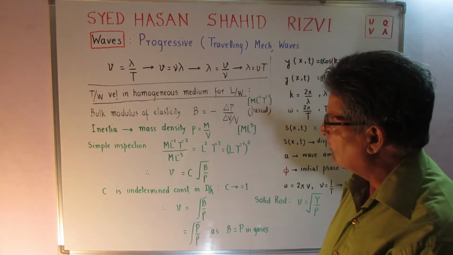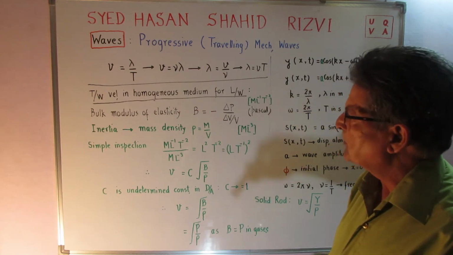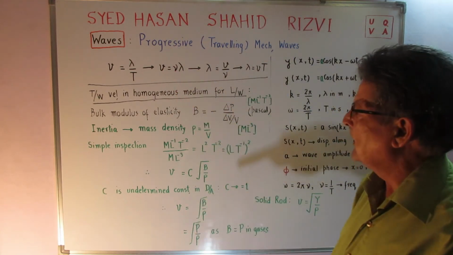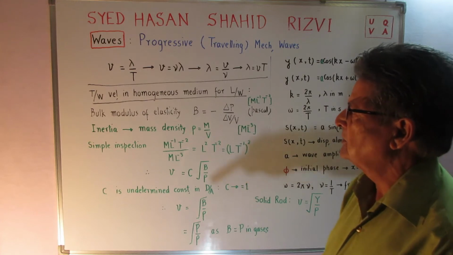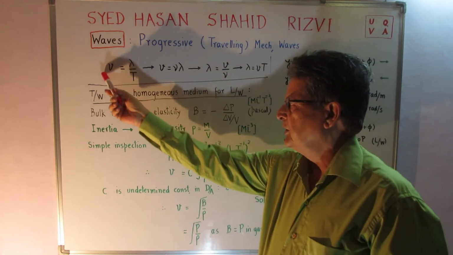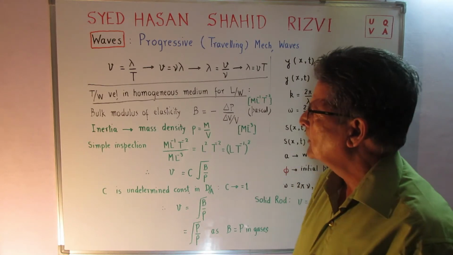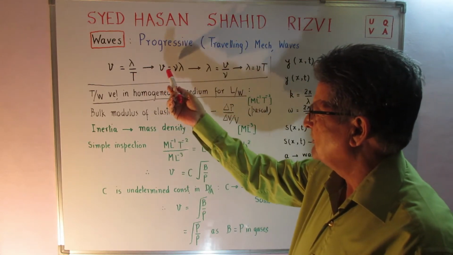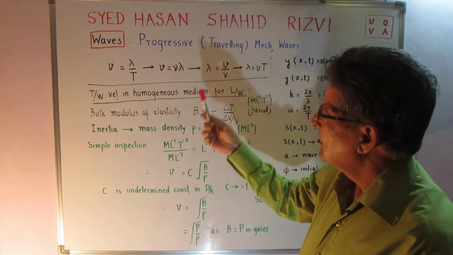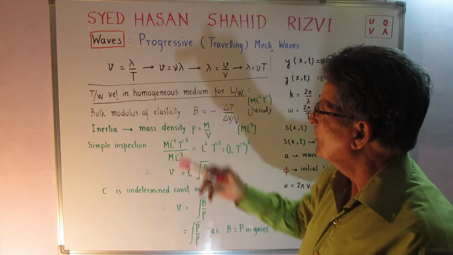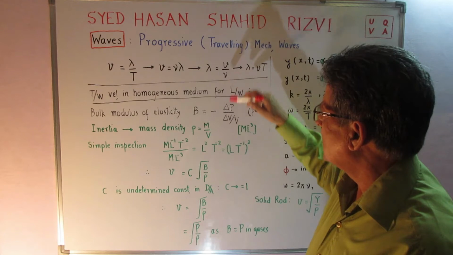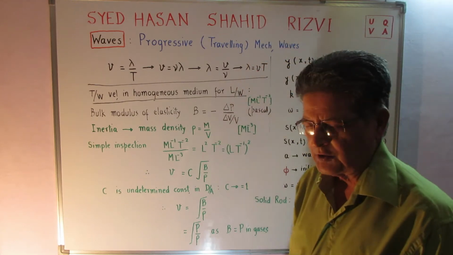So one of the spillouts I forgot, but this is also true for anywhere, that the velocity was given universally to be equal to the wavelength divided by capital T, which gives another relation v is equal to nu lambda, because 1 upon T is equal to nu, or lambda is equal to v upon nu, also lambda is equal to vT.